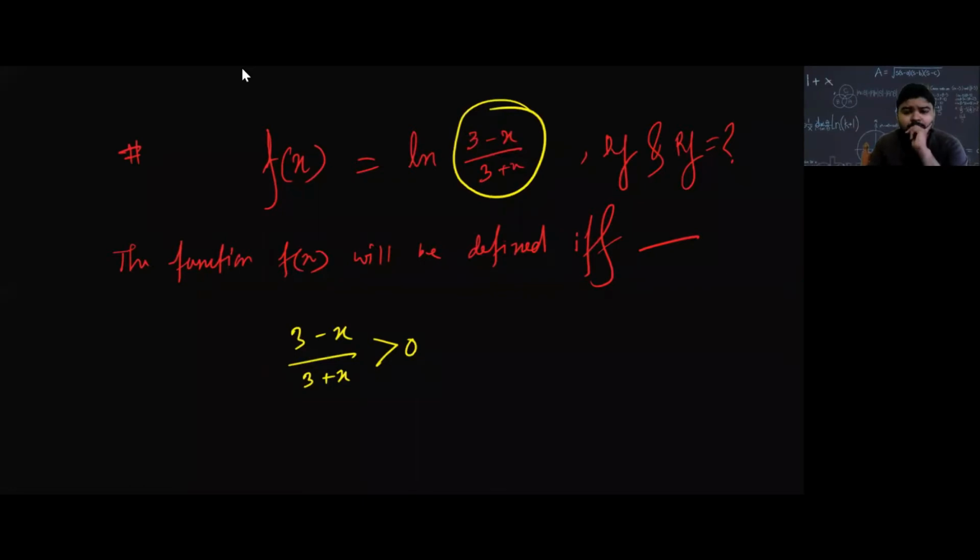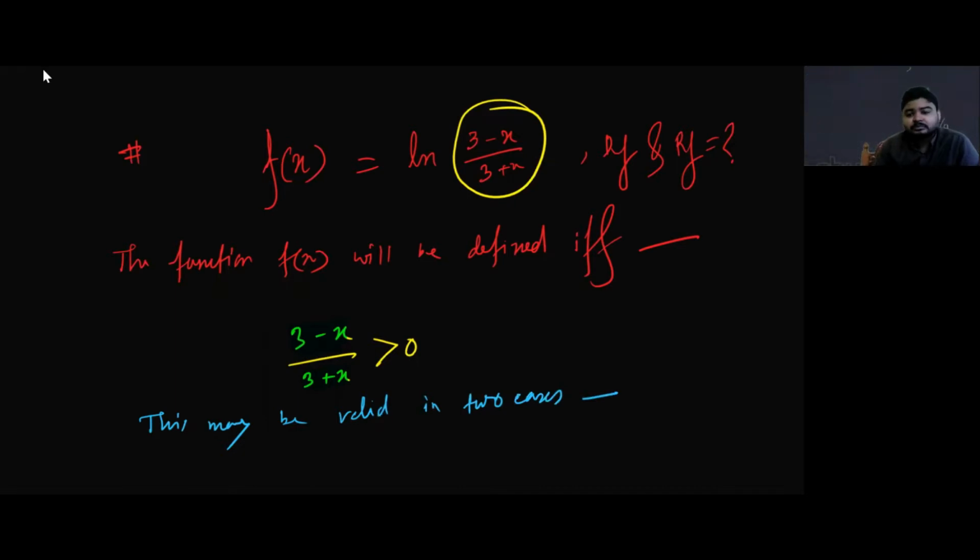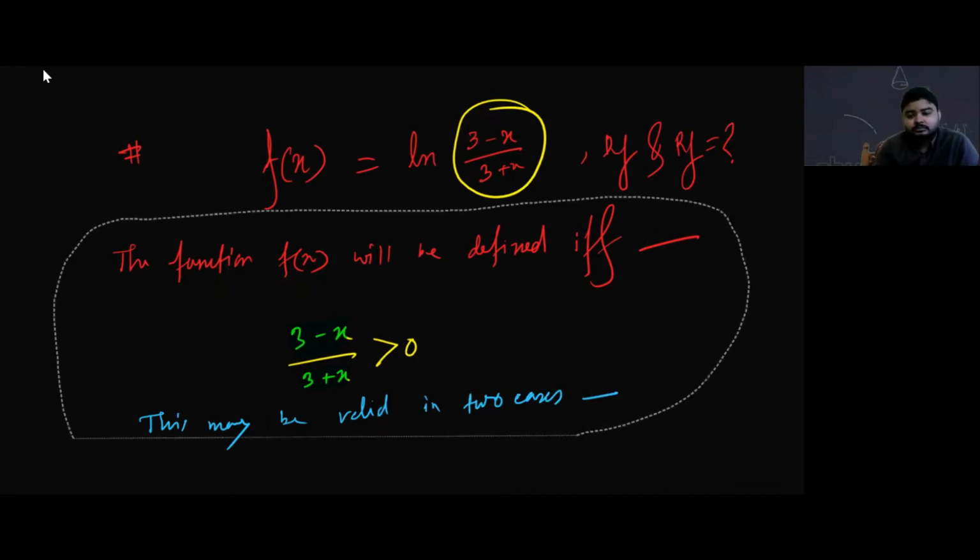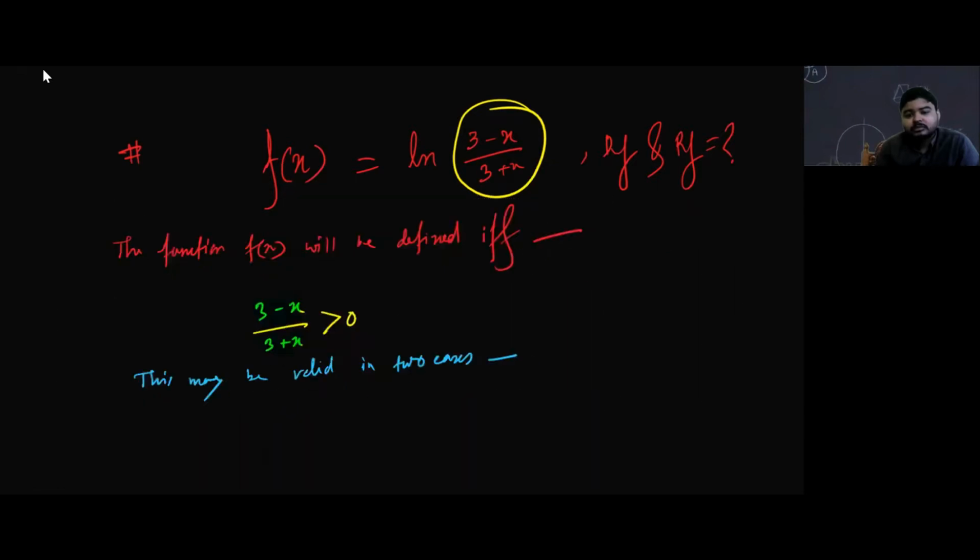Okay, and you see this can be possible in two different cases. Either both numerator and denominator are positive, or both numerator and denominator are negative. So now we can come to another decision: this may be valid in two cases. Okay, what are those cases?